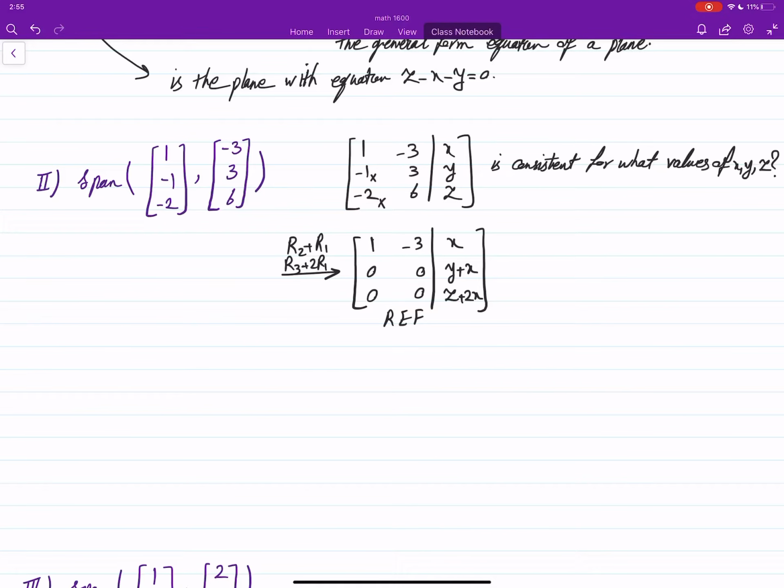And we can now determine for what values of x, y, z this system is consistent. The system is consistent if and only if, you see, these are 0 on the left hand side, so they must be 0 on the right hand side too. So y plus x is equal to 0, and z plus 2x also needs to be 0.